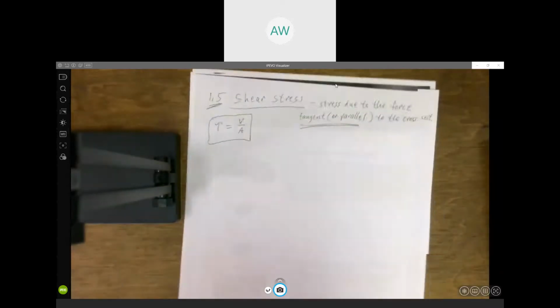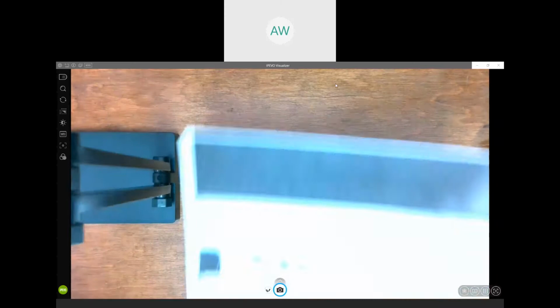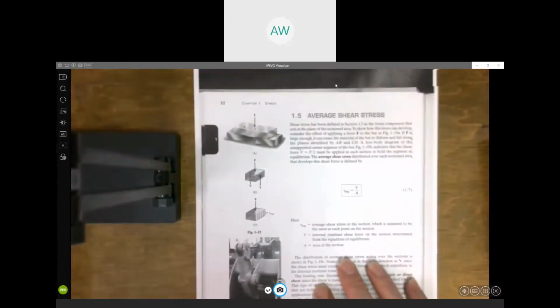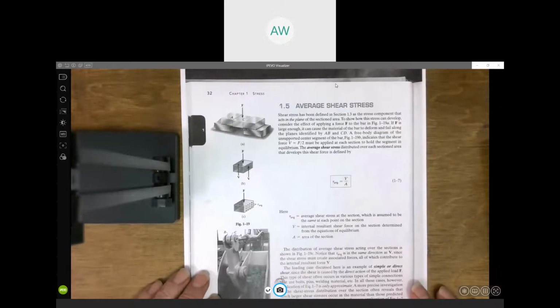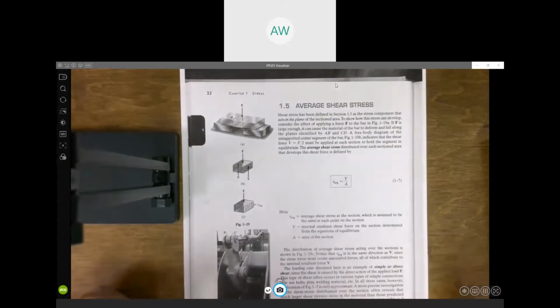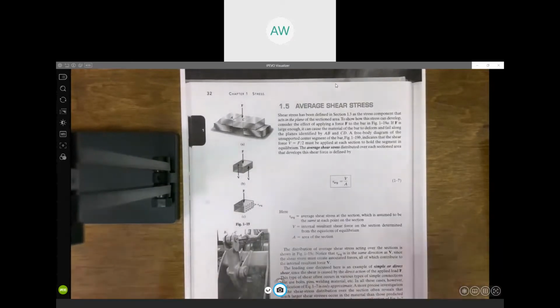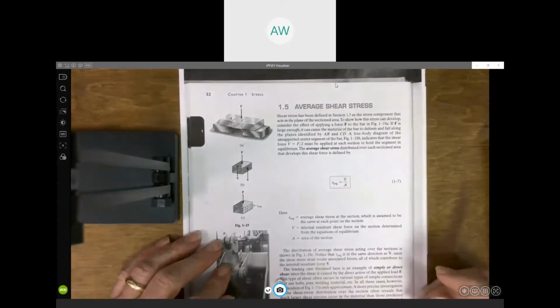Now, I wanted you to look at a picture. This is in your textbook, about page 32. It's a good illustrative picture and example of how we can get shear stresses on these surface areas or cross-sectional areas.